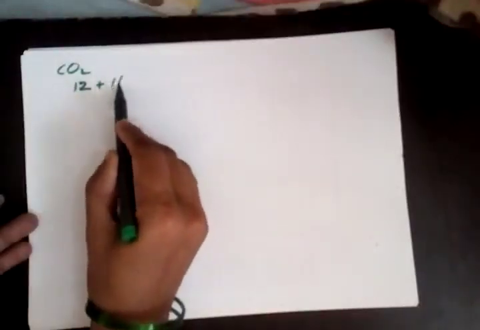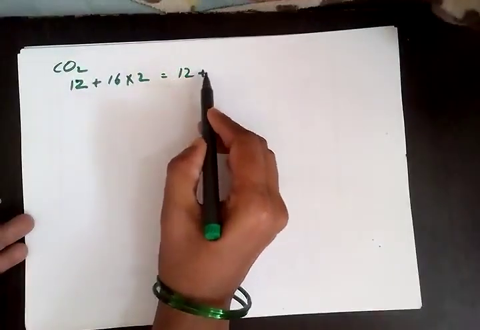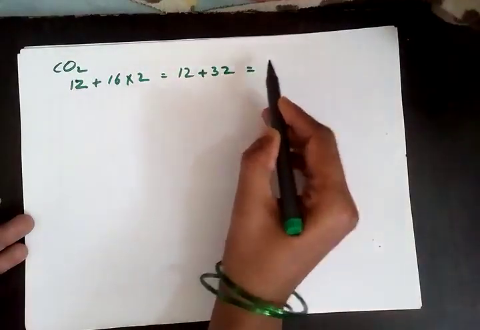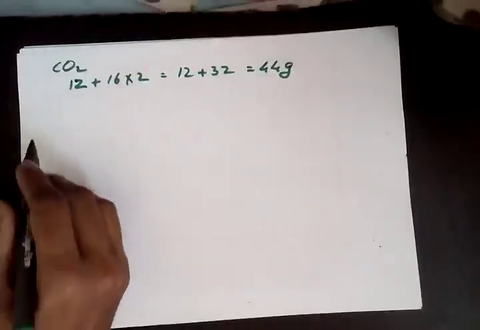Now let us take up another example, carbon dioxide. First step, calculate the molecular mass of carbon dioxide, that is 12 plus 16 into 2, that gives you 12 plus 32, which also gives you 44 grams. This is our first step.